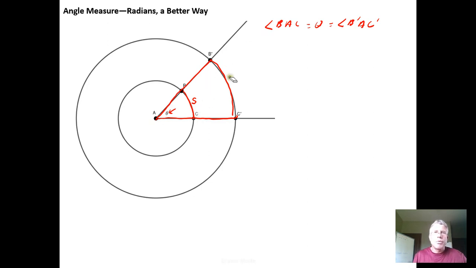So in other words, if this arc length from B to C is S, we call it S units. So S represents the number that is the length of the arc BC.